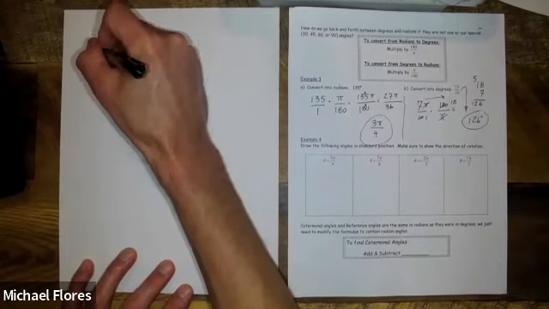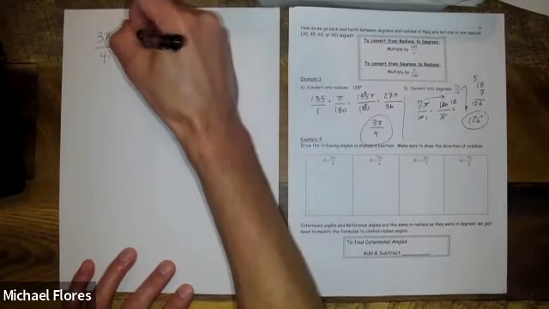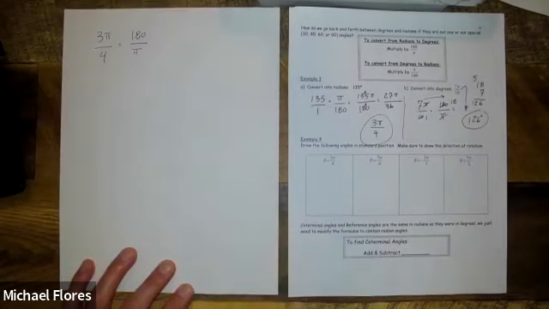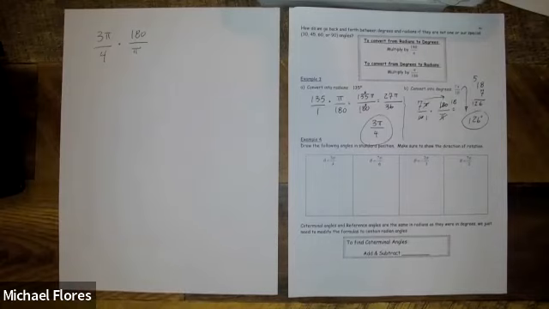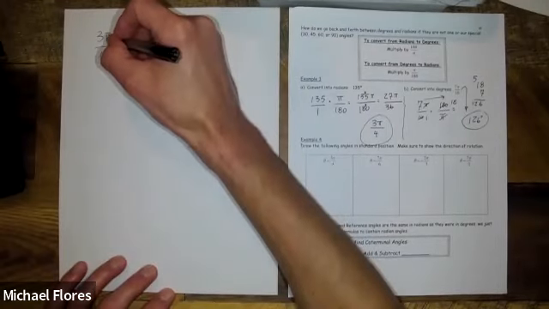3 pi over 4 times 180 over pi. Try and simplify that. Please pause the video. All right, we can do some cross canceling again.